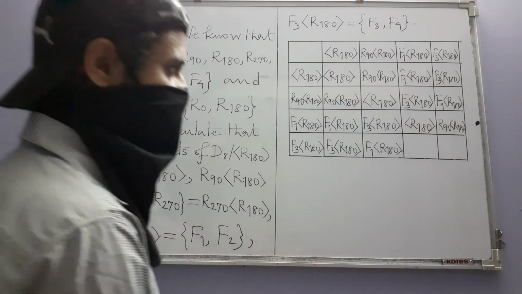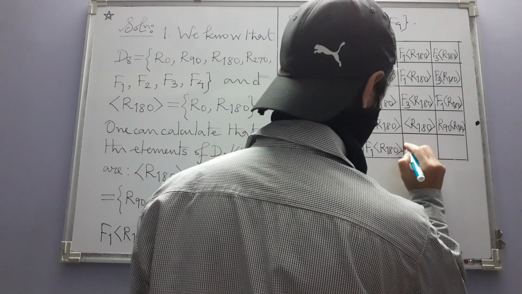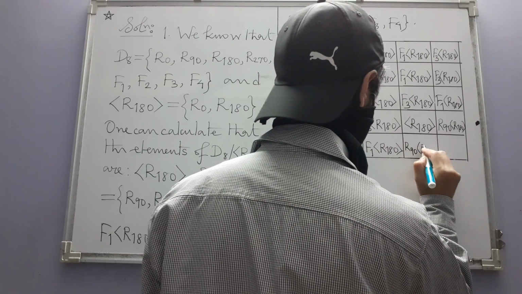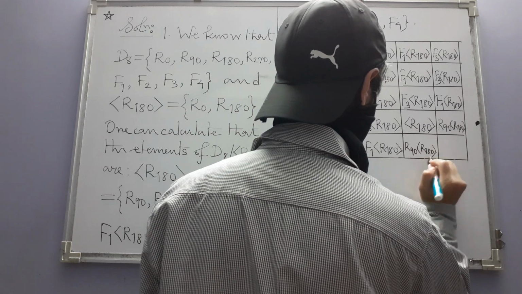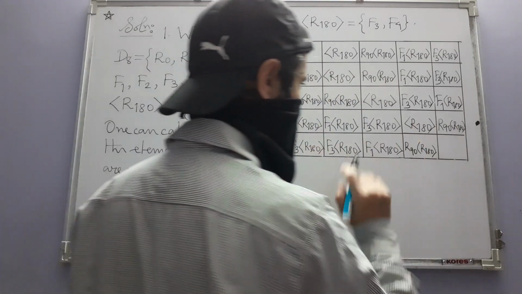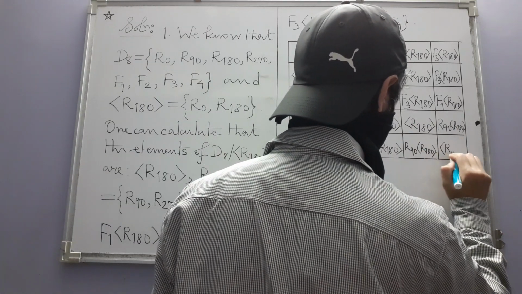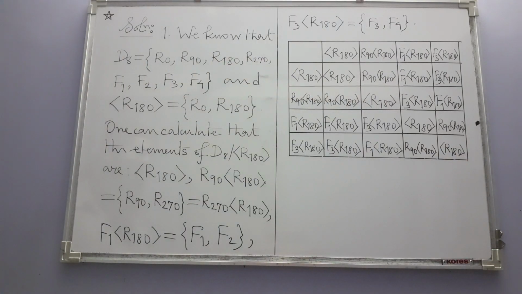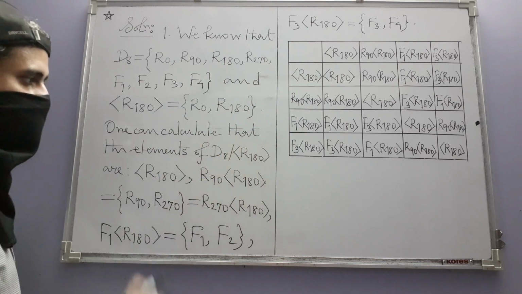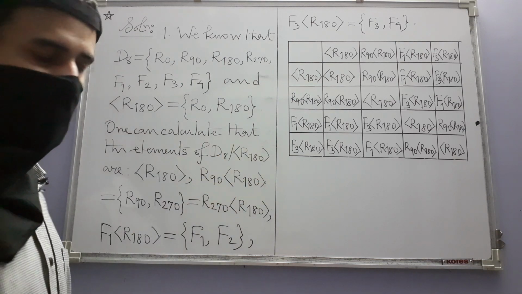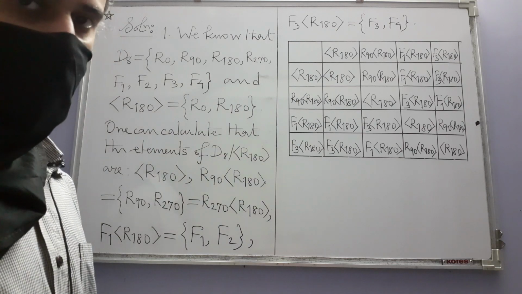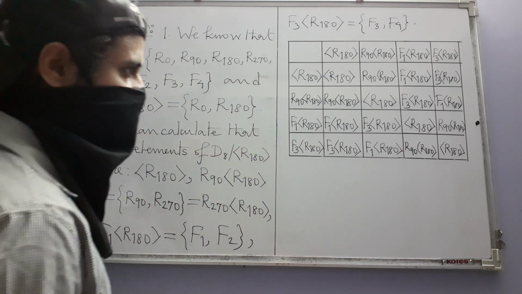You already know that it will be R90 R180, and because of this, this one will also be R90 R180, and this one finally is just R180. So that is the group table for this quotient group of the dihedral group D8 by the cyclic subgroup generated by the rotation R180. So that is part 1.